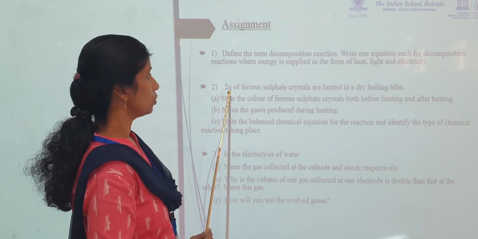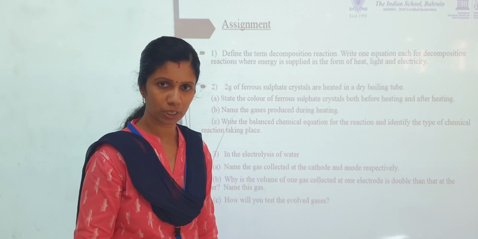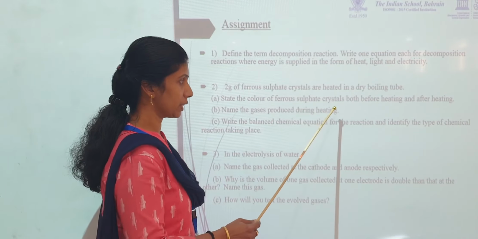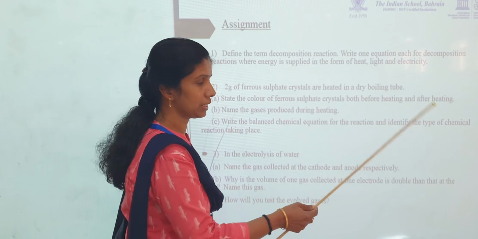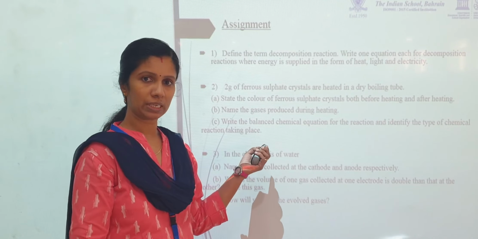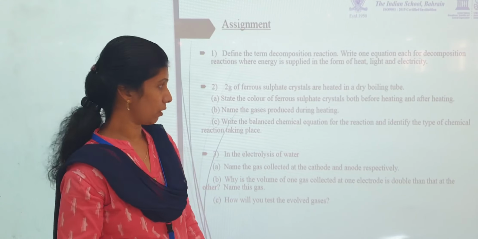Next question, 2 grams of ferrous sulfate crystals are heated in a dry boiling tube. State the color of ferrous sulfate crystals both before heating and after heating. We already learned the color of ferrous sulfate crystal is green, and after heating we are getting brown color ferric oxide.